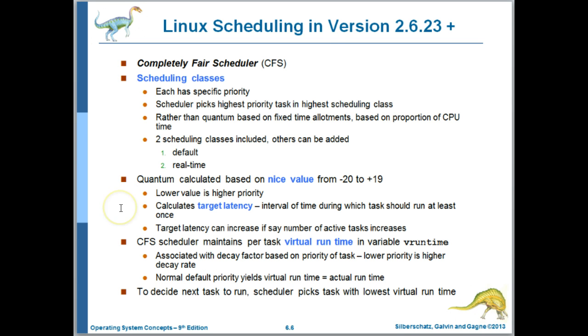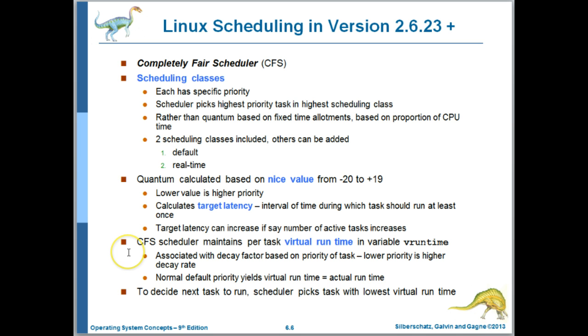And there's this notion of a target latency, so a period of time over which all tasks should get some CPU cycles. You can think about it as the number of tasks increase, that implies that the number of context switches increase. So if the number of tasks becomes large, that target latency can increase.